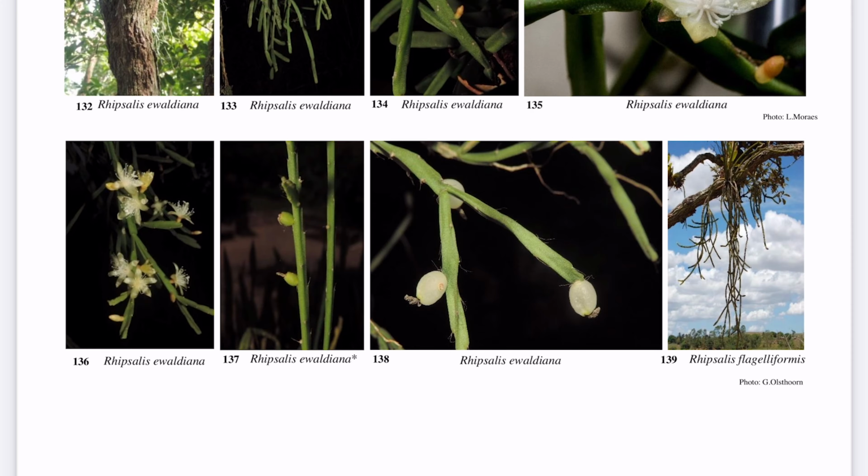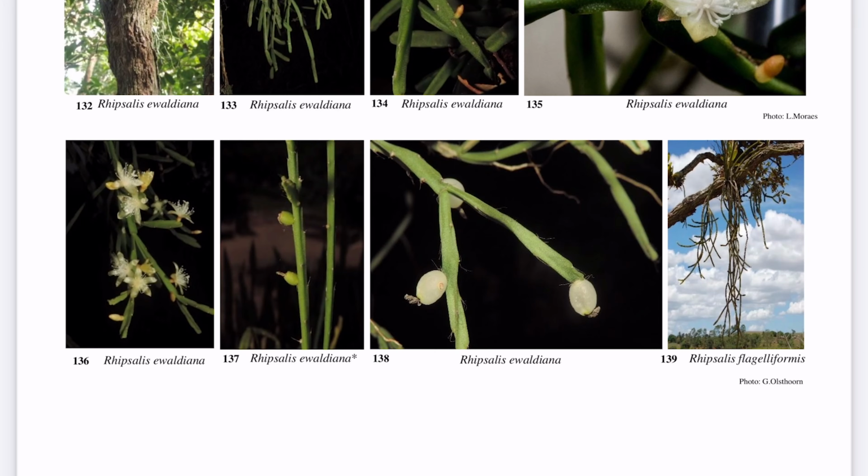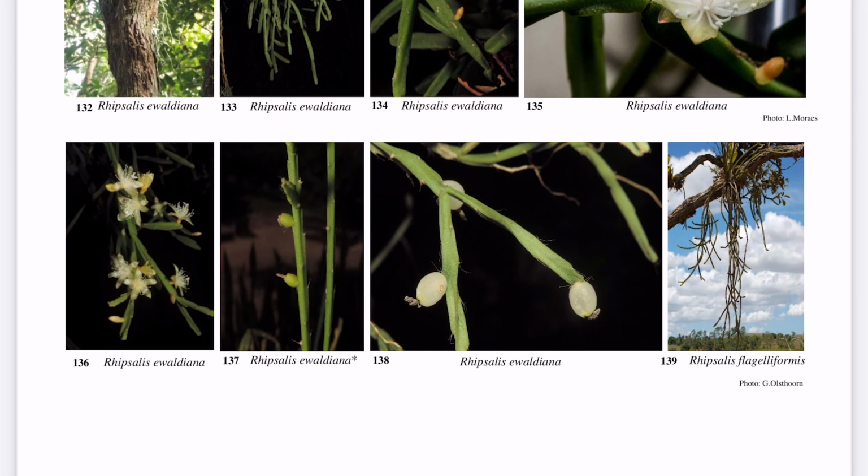I thought that was pretty fascinating because it took me a really long time to try to confirm that Rhipsalis ewaldiana could have white berries, right? I knew that this was true about Rhipsalis teres.